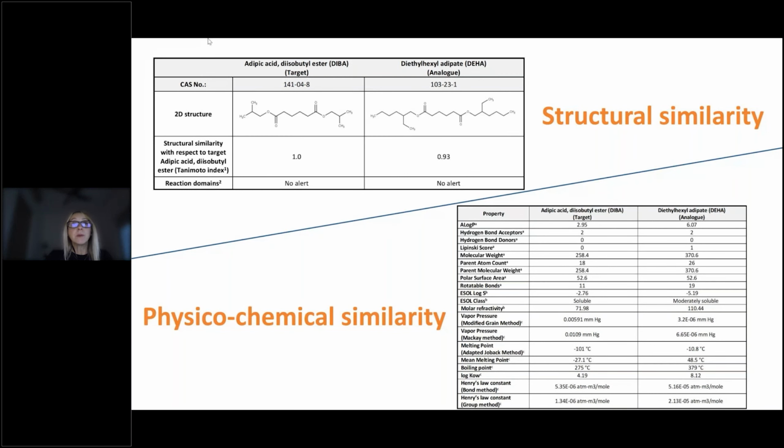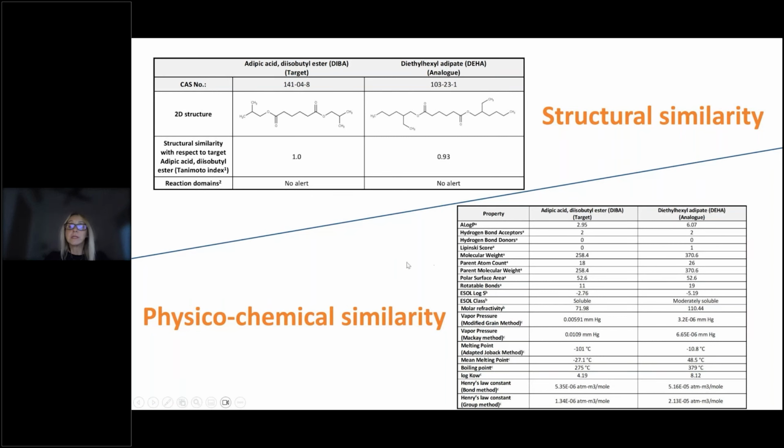This structure similarity can be performed by means of a similarity index, for example, by employing Tanimoto similarity using specific fingerprints, but it can also be performed by employing specific profilers, such as those reaction domains that are designed in order to identify critical fragments.